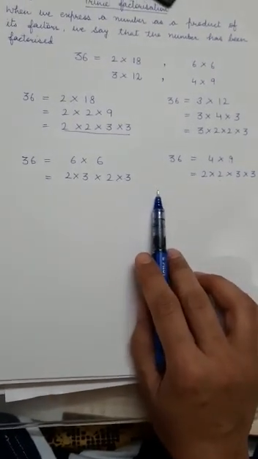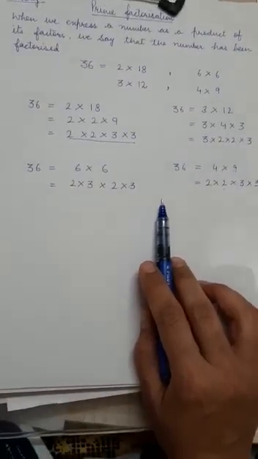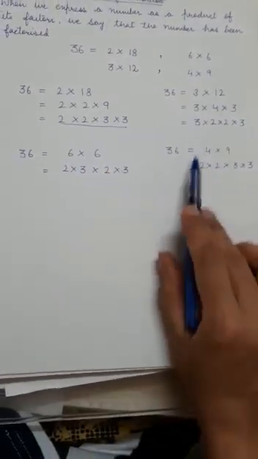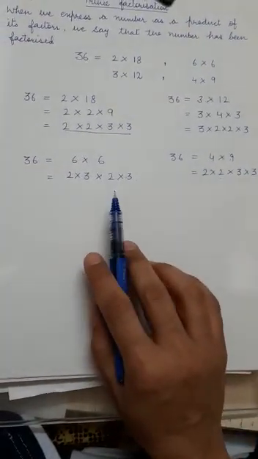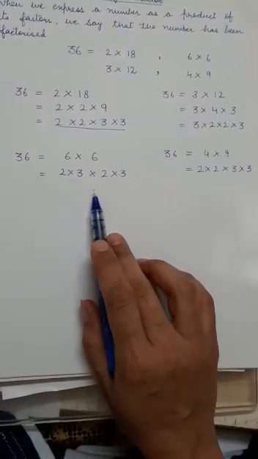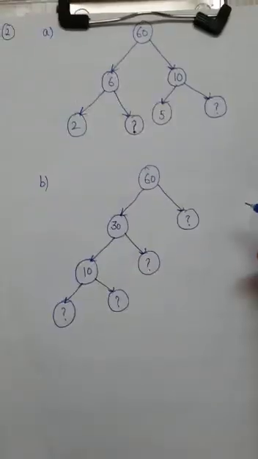Understood? What do you mean by prime factorization? Such factorization where all the factors are prime numbers is called a prime factorization of the number.